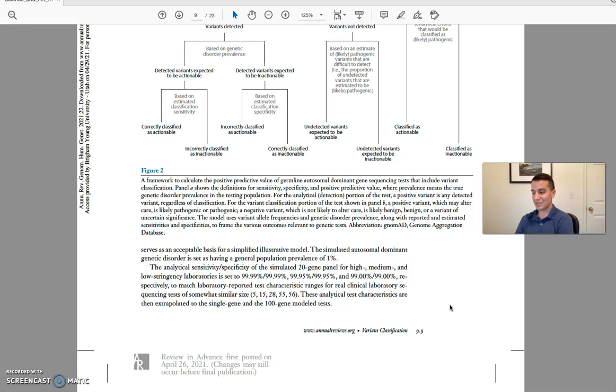These analytical test characteristics are then extrapolated to the single gene and the 100 gene modeled tests.